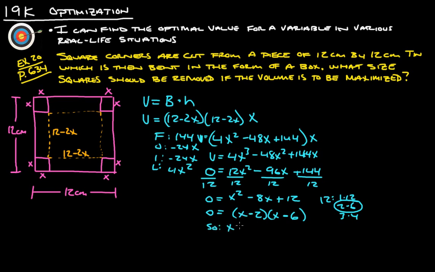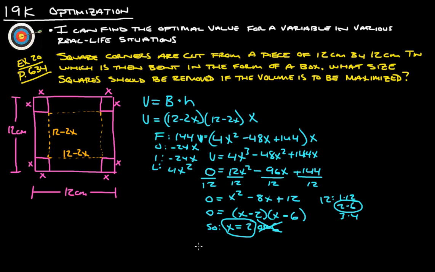So x has to equal 2 or 6. Now let's make sure that these make sense. If you took 2 out of each side, that would leave us with 8, and 8 by 2 would make sense. If you take 6 out of each side, and you started only with 12, you would have 0. So the answer of 6 does not make sense. So x has to equal 2.